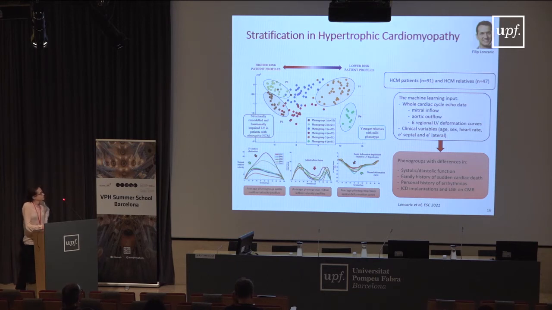Whereas cluster 6 corresponded to younger relatives with mild phenotypes. And again, here you can see some of the reconstructions of the inputs for each of the phenotypes. We took the center of each of the clusters and reconstructed the velocity profiles and the deformation curves.